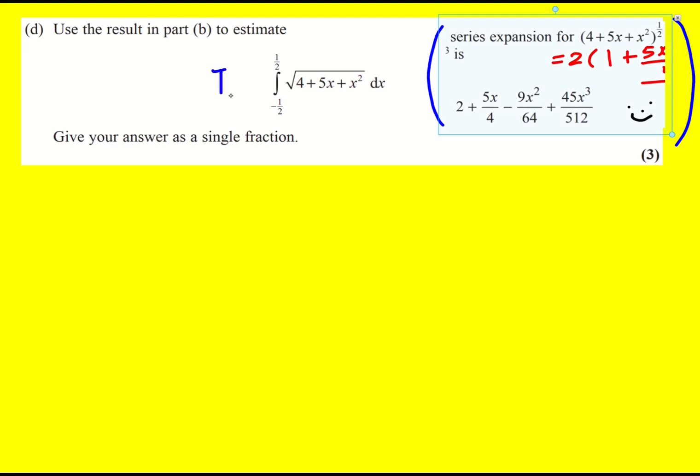Okay, so I can say, if I define this to be I, then I is going to be approximately the integral from minus a half to a half of not this, but my new function. And this is another, it's really nice, this application of the binomial expansion.